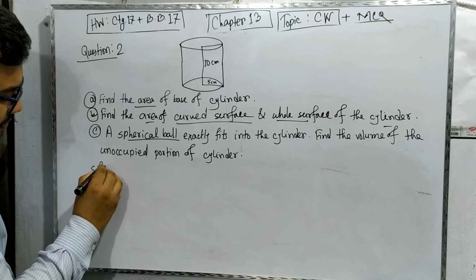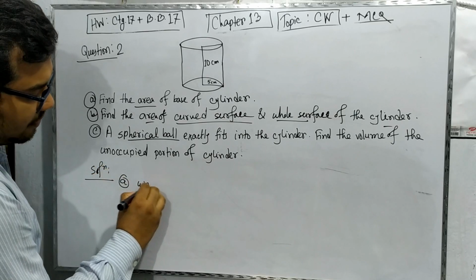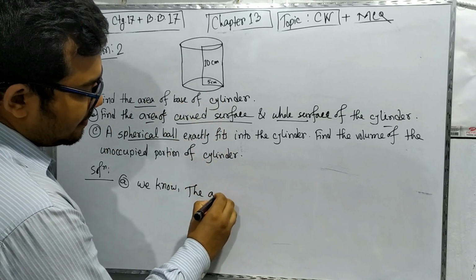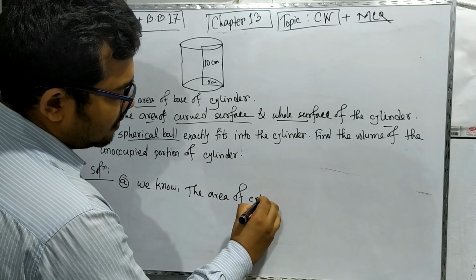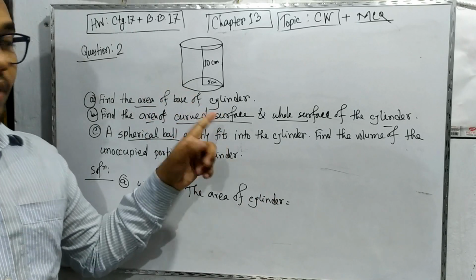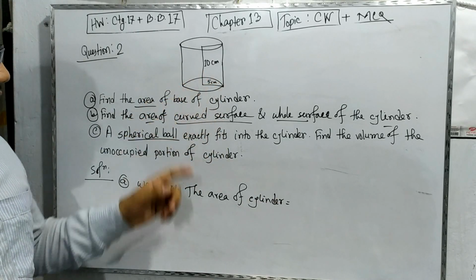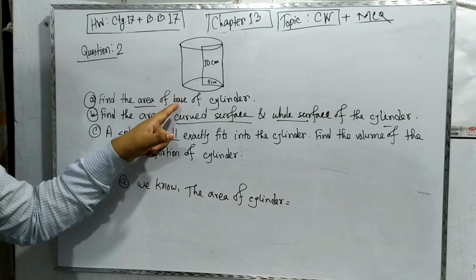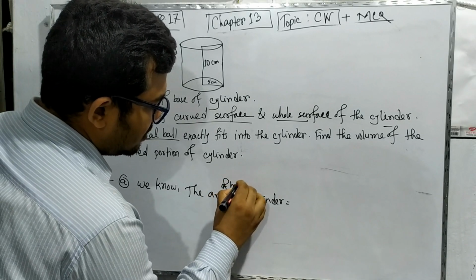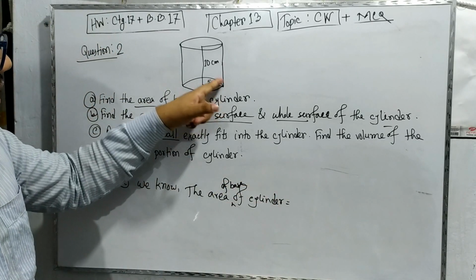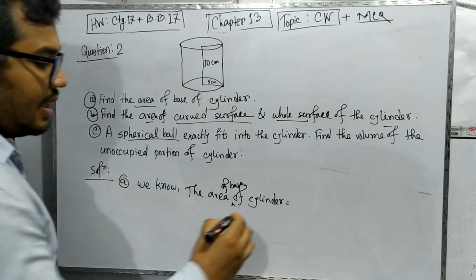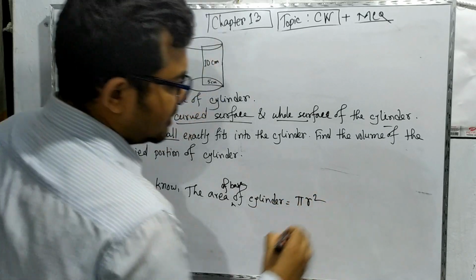Solution number 1, we know the area of the base of the cylinder, and this base represents a circle. So we need just the area of the circle, and the area of the circle will be pi r square.